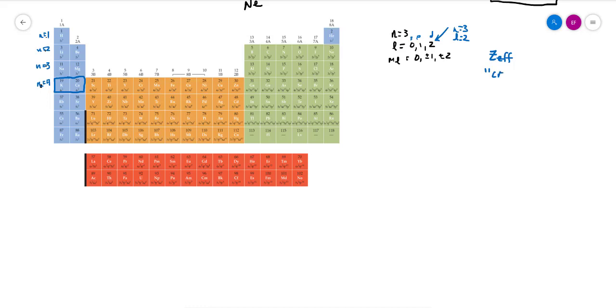And we get this process called crossover, where we start to fill up our 4s orbital, but then after we've maxed out our 4s, which can only take these 2 electrons up through calcium, now we enter this new block of transition metals, and that's when we start to use the 3d orbital that we'd missed out on previously.